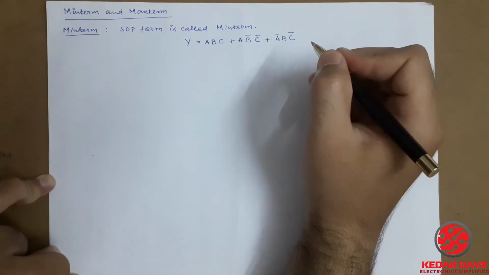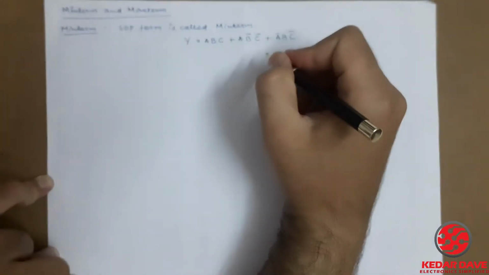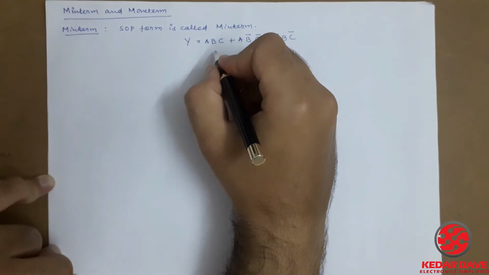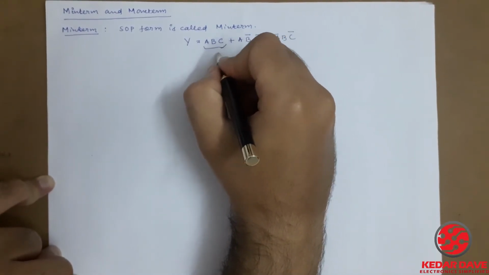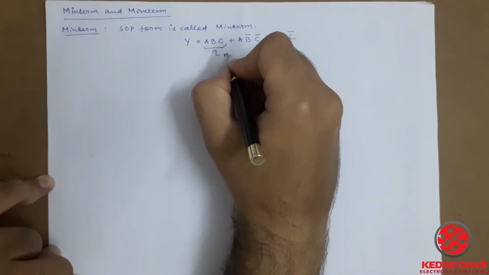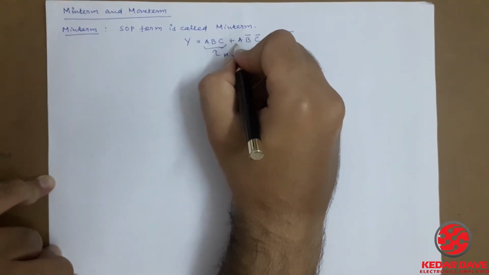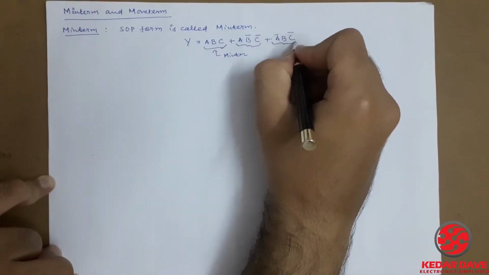So this is called as the minterm, right? You can see here that each individual term is called as a minterm. This one also, this one also.